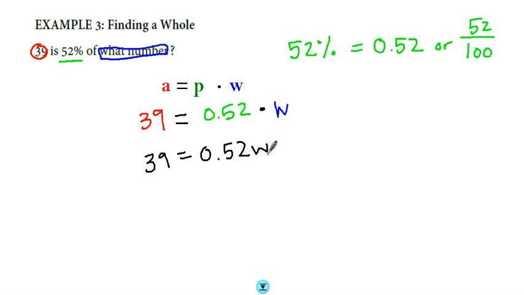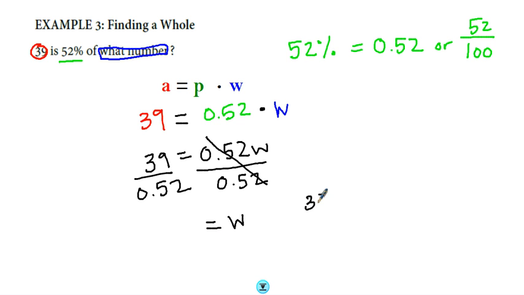Then to solve for W, we divide both sides by the number in front of W. So divide both sides by 0.52. This cancels out. W equals 39 divided by 0.52, which you do in the calculator. If you do that, you are going to get 75 as the answer.